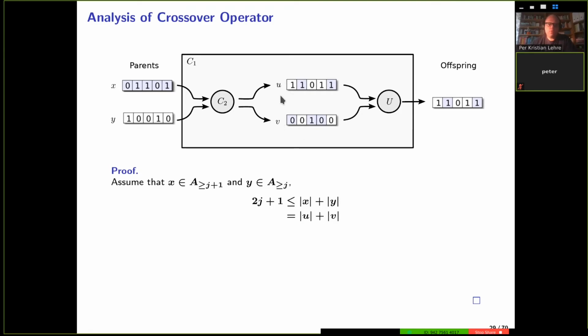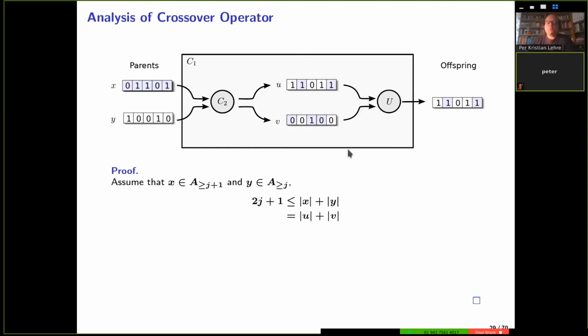So if u chooses the bit from y, then v inherits the bit from x. So here we get 0 and so on. Afterwards we just select uniformly at random either u or v. This way of defining the crossover operator is exactly the same as standard uniform crossover.